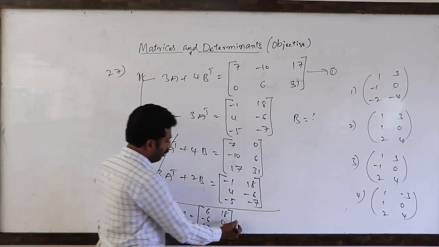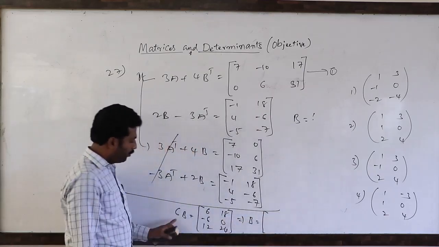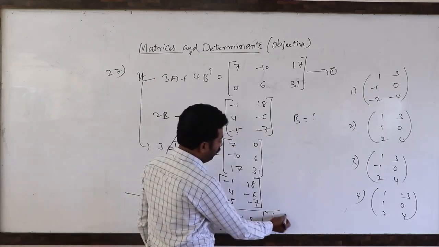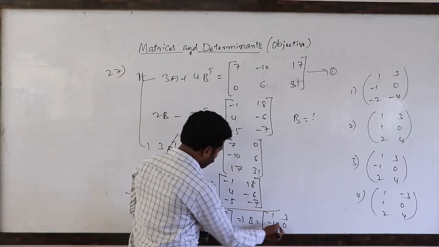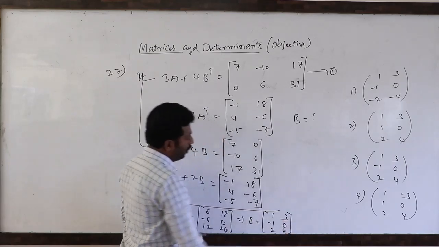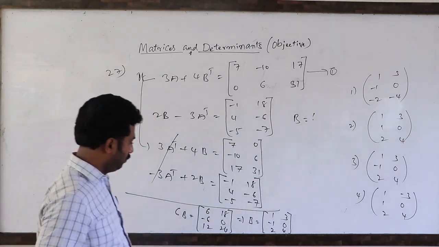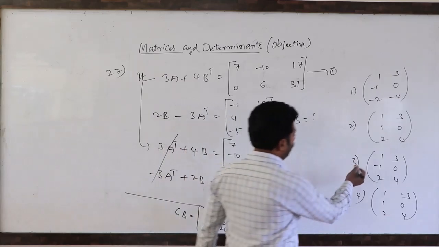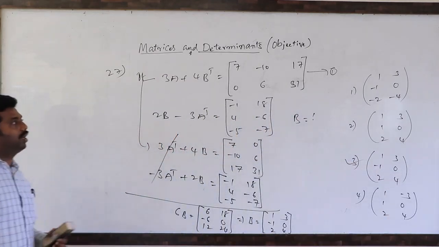From this, B equal to, what is the B matrix, you observe? Divided by 6 means 1, 3, minus 1, 0, 2, 4. Like that we have to answer.